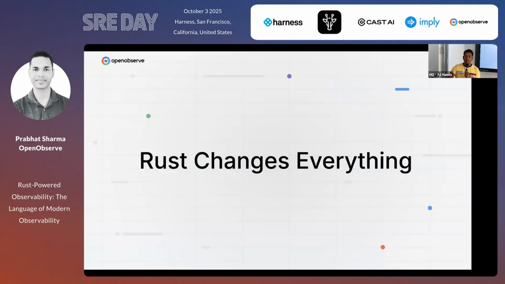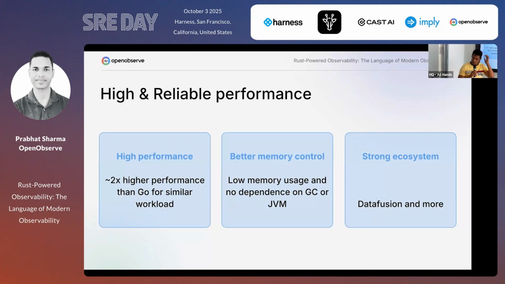So we did a couple of experiments before moving to Rust. We did some experiments in Go and Rust, comparing what we were getting in terms of performance and resource utilization. For the same kind of code, literally the same algorithm, we found that the code written in Rust was approximately 2x higher in performance, with much better memory control.